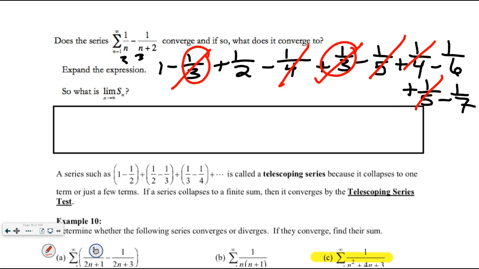Anything with a smaller denominator will stay. Does that make sense? There's no way I can get rid of the plus 1/2 when I keep introducing new terms. You get it. So what is that? 1 plus 1/2, or 3/2.